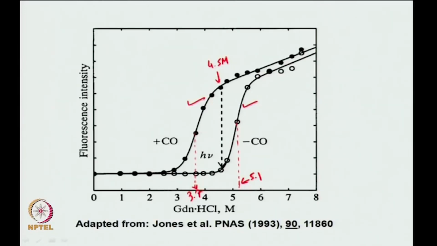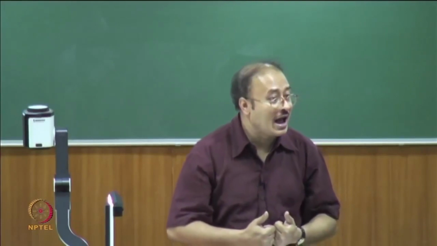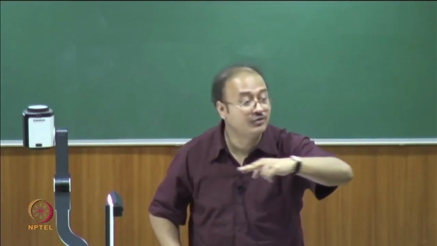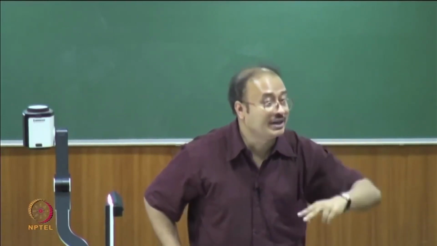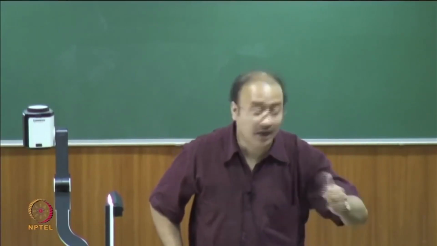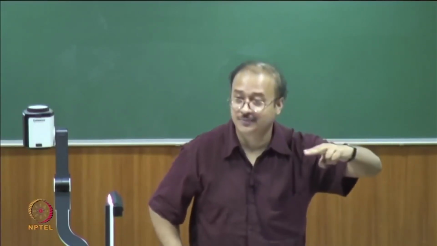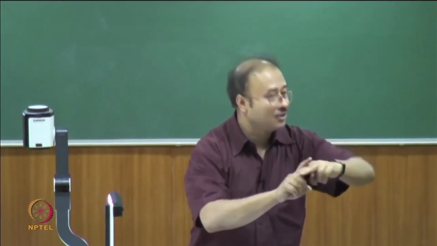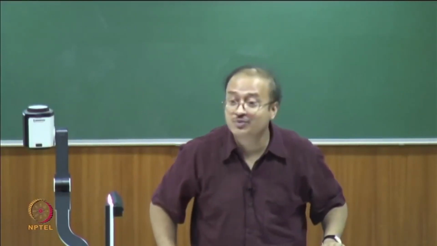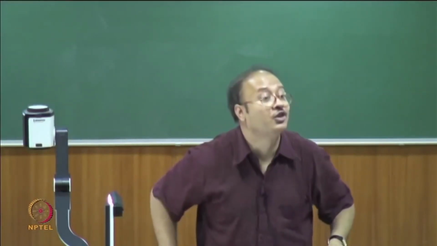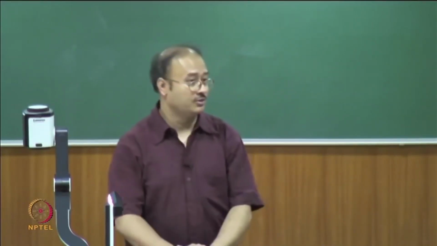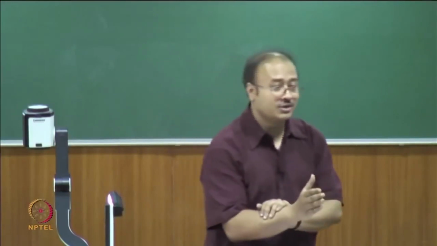That laser is absorbed by cytochrome C, and that laser helps in breaking the bond between the CO and cytochrome C. And remember, where does the CO bind, you think? To iron. It is very simple. So, the bond breaks. The moment the bond breaks, what happens? No CO. How would the protein respond now? The protein will respond by going to the folded state, and then you monitor that relaxation. So, that is what optical triggering is all about. Is it clear to you guys?